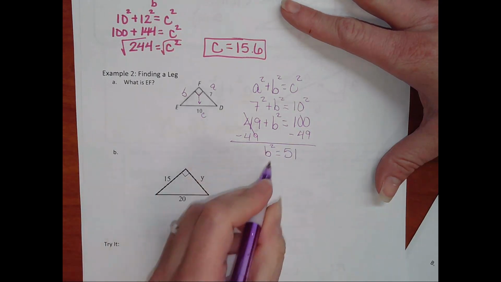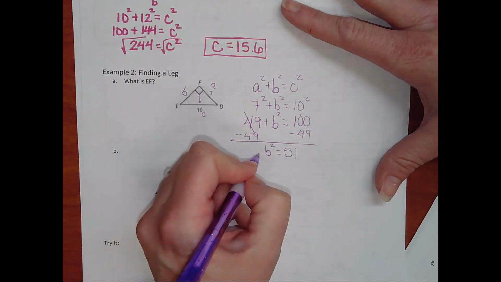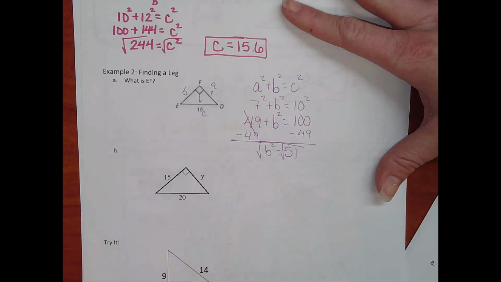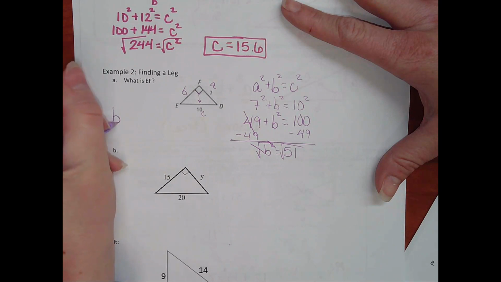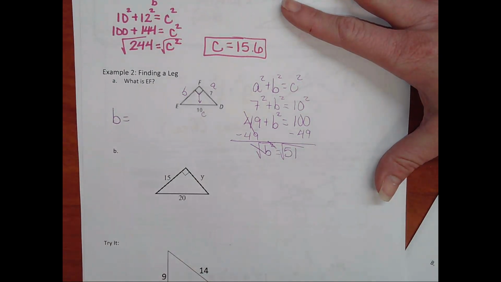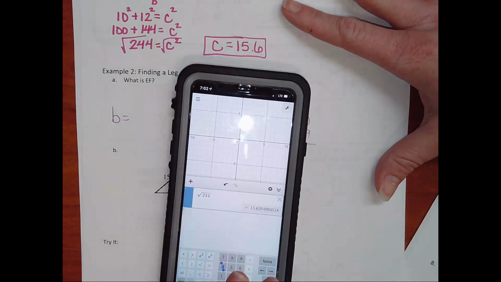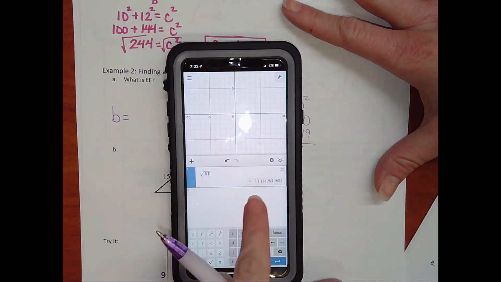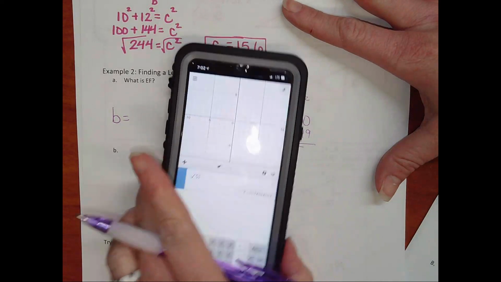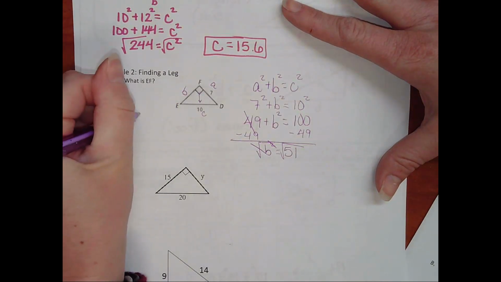And then again, once you get to the square, just like yesterday, take the square root. So the square and the square root, they cancel each other out. And then you take the square root of 51. Square root of 51 is 7.1. You're always going to round to one decimal place.